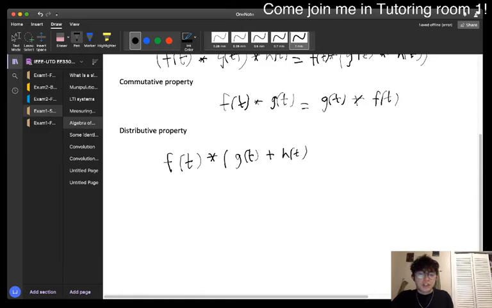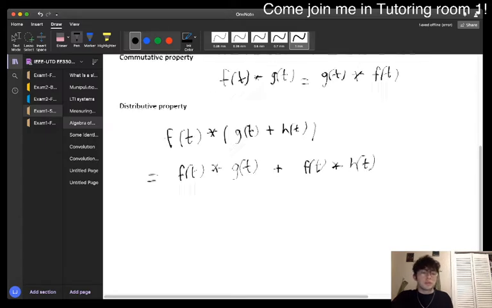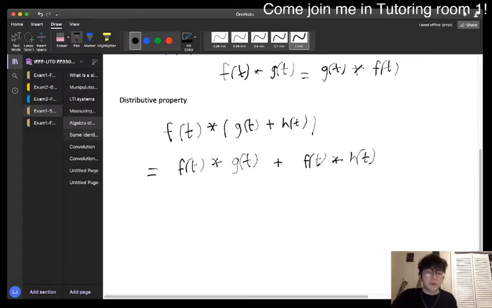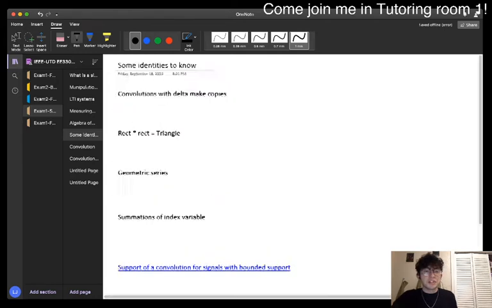So we can distribute across and get f of t convolved with g of t plus f of t convolved with h of t. The usual properties with numbers apply also, like FOIL. But that's really the most important parts of convolution, just defining it as a binary operation.